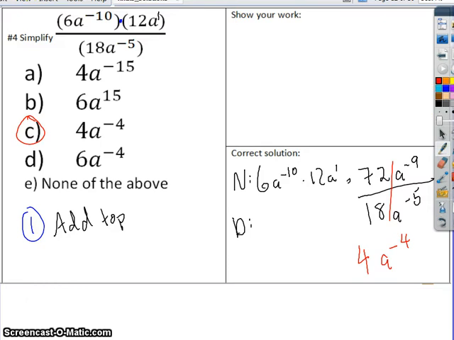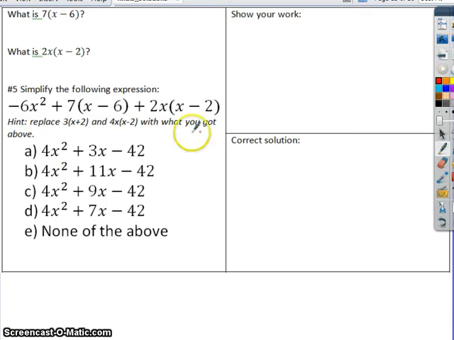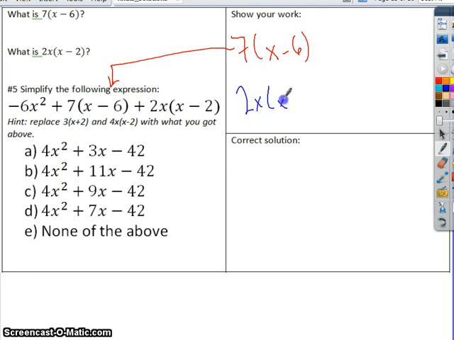All right, next problem, number 5. So I'm going to multiply by distributing 7 times x minus 6, and that's going to go here. And let's use a different color. 2x times x minus 2 is going to go here. So I need to prep those two things.